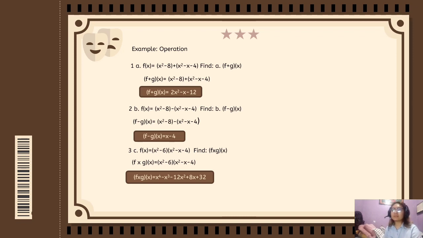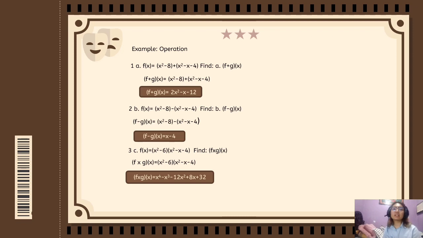Wait lang, medyo nagulo ako. Ayun na nga, tinimes na natin itong mga to, ang kinalabasan ay x raised to 4 and negative x cube is negative 10x squared kasi negative 6x squared, negative 4x squared.